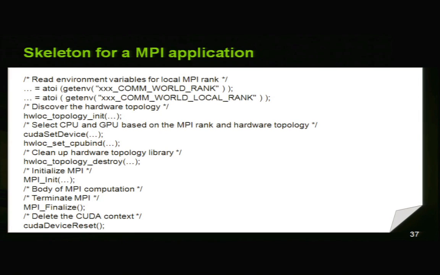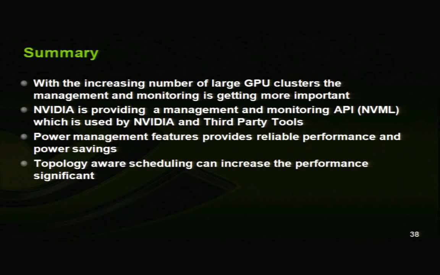Then you can call your normal MPI application code with MPI_Init, your MPI computations, MPI_Finalize, and at the end you can delete the CUDA context with a cudaDeviceReset. So this gives you a skeleton to have the hardware topology in mind, and you can bind the GPU to the best fitting CPU.